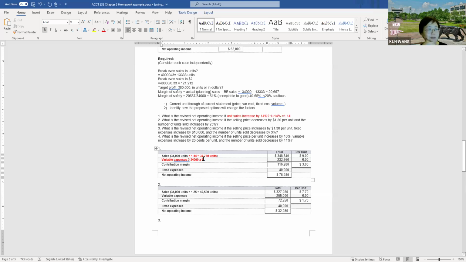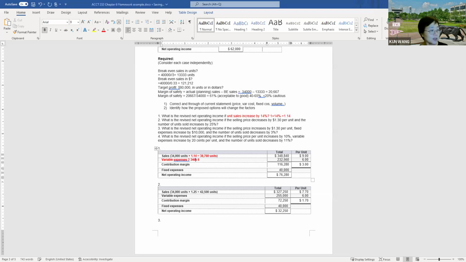And how can we define the variable expense? Variable means they go up, go down with your sales volume. So they should always be on the same pace. Many, not a single case or two, many will forget. They change the volume for sales revenue, but use the old volume for variable expense. This is the mistake.